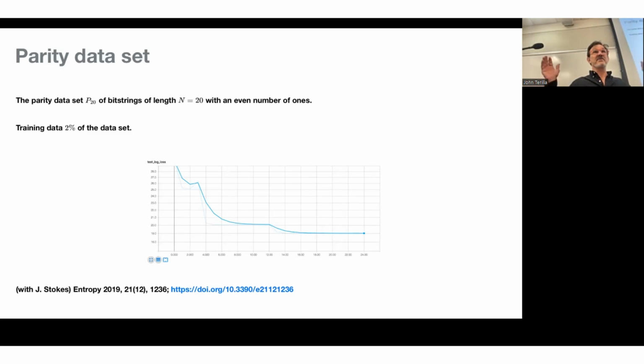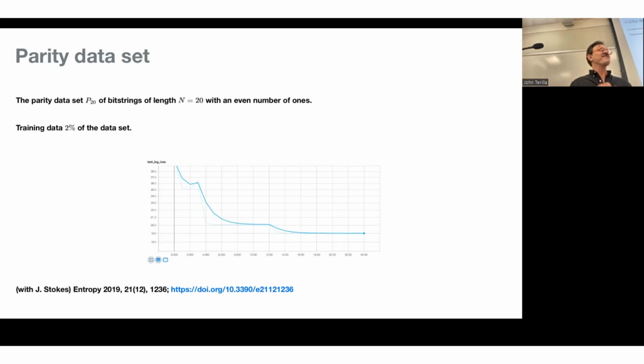There's like 1 million of them. You look at the subset that have an even number of ones, so there's half of them. And what you do is you try to learn the function that is the probability distribution uniformly concentrated on the even parity ones.